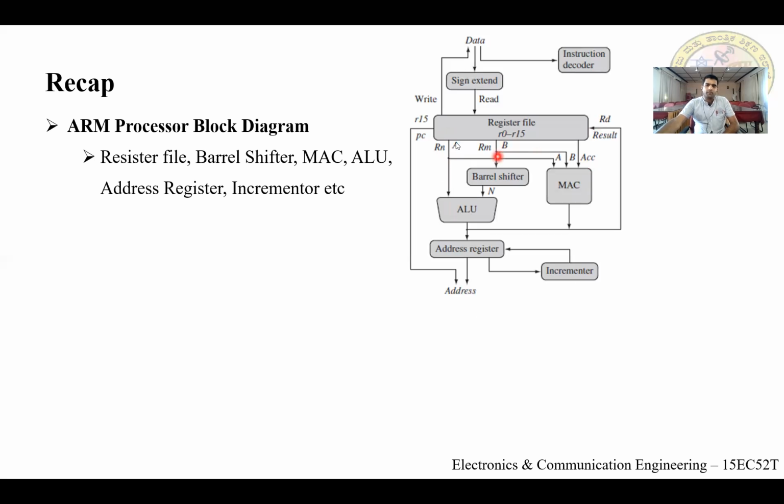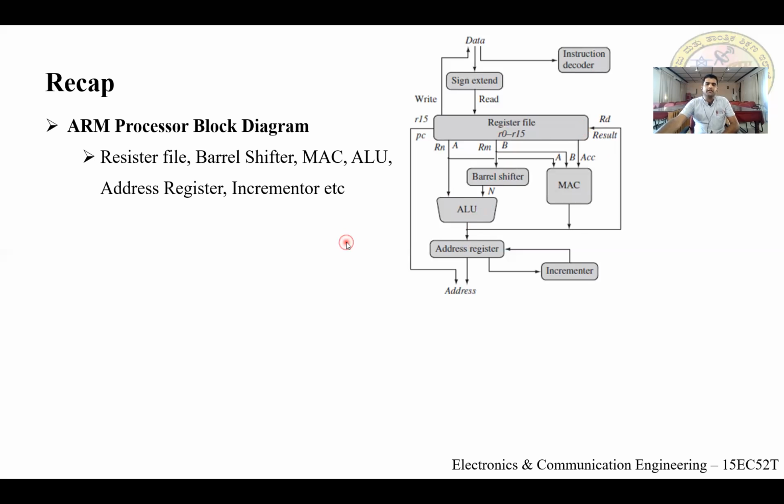One operand comes directly from the register file, and another comes from the register file through the barrel shifter. After calculating, the result is stored again in the register file.